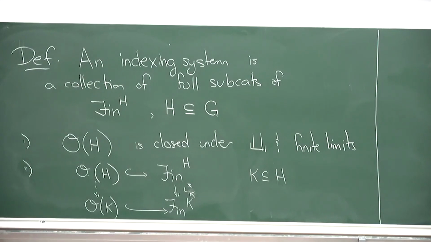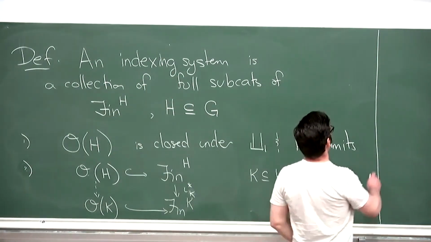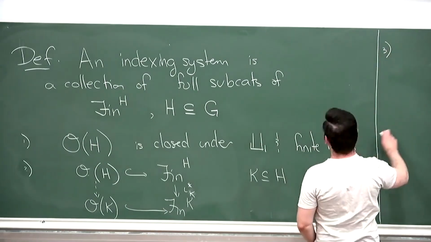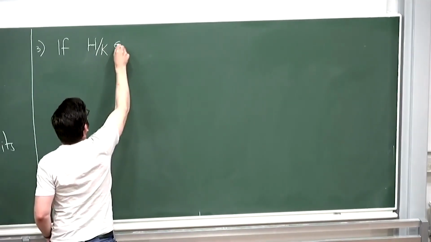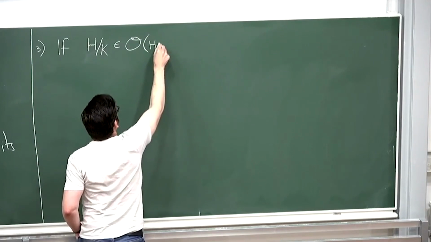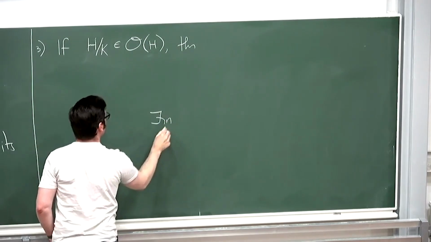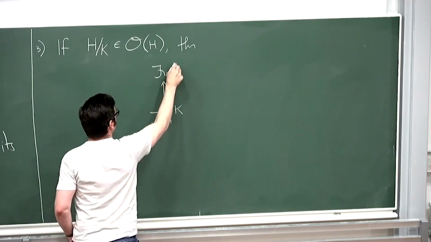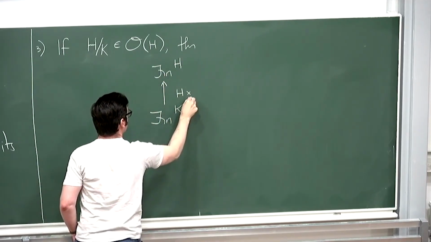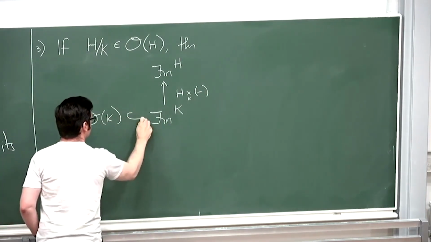And then this closure under restriction, well, that's the condition up there, that if I had norms for something, then I restrict down to subgroups. Well, I break that up into its orbits, and I see all the pieces. The last one, that I have this compatibility under composition, is my third condition here, and that is if H mod K is in O of H, then when I look at induction from Fin K back up to Fin H, well, again, O of K sits inside here.